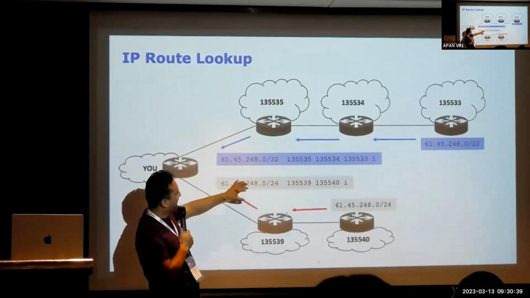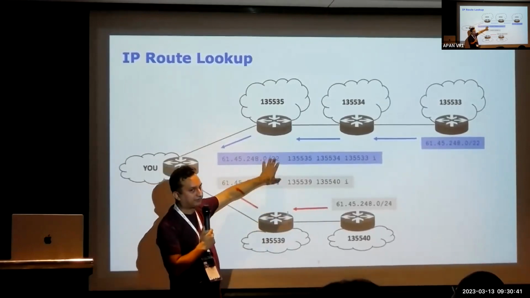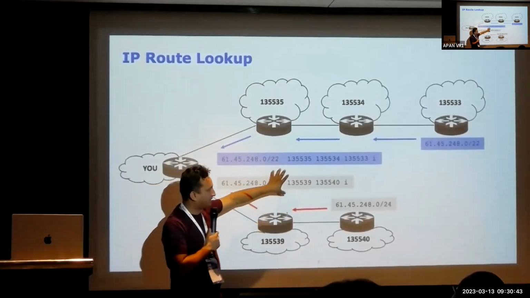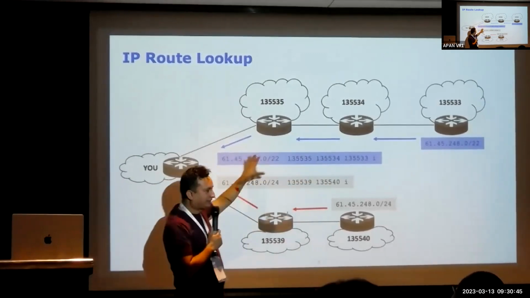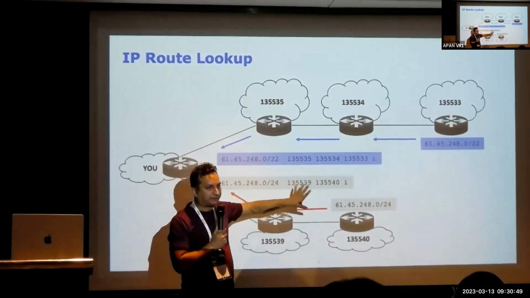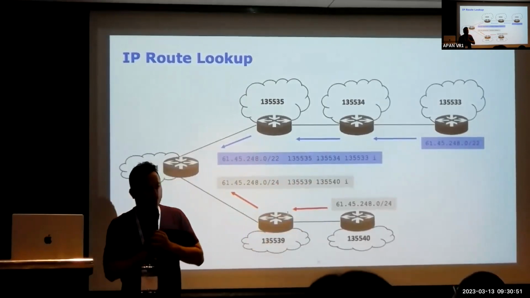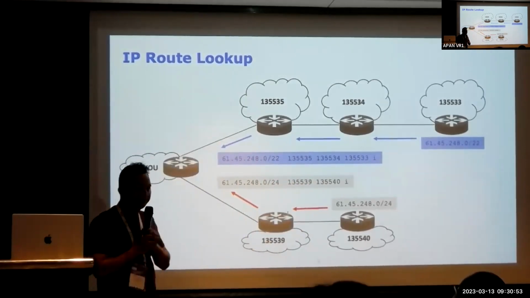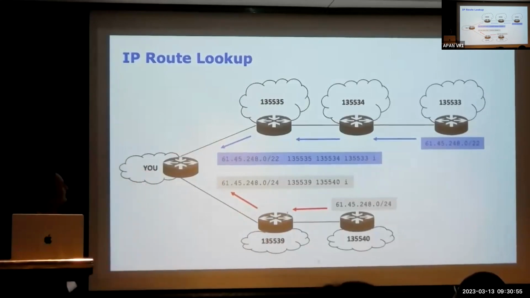And with a slash 24 here instead of a slash 22, even if the path had been the same, this particular path would always have been chosen. So basically, the bad guy would be chosen over the right guy. Is there any confusion on this?